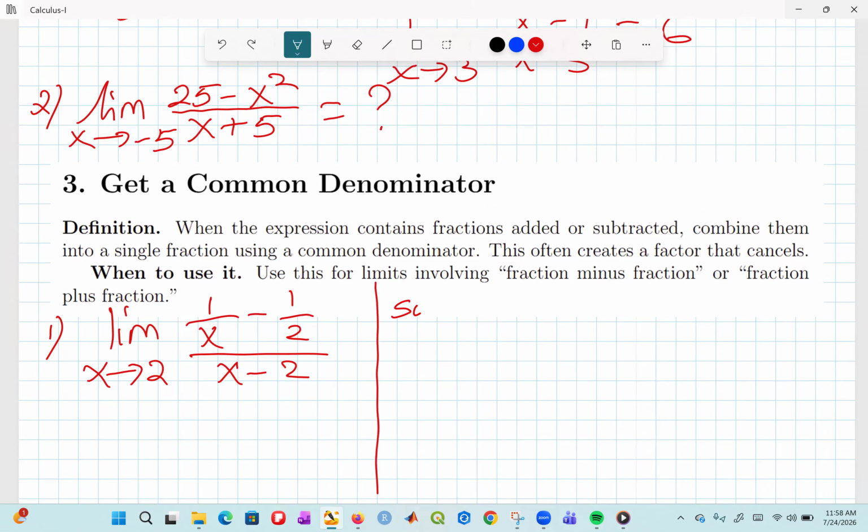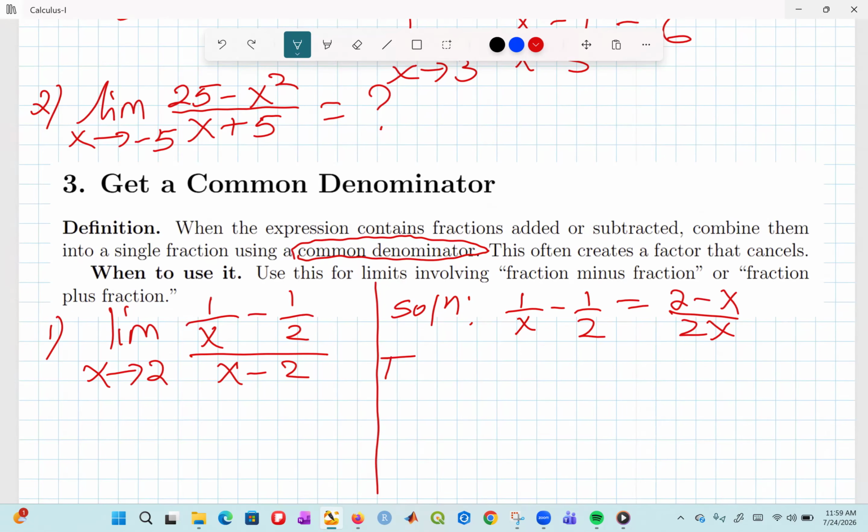Let's do our solution on this side. In this case, we will combine the numerator, which is 1 over x minus 1 over 2. So this gives us 2 minus x over 2x.